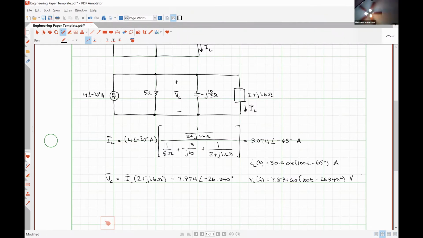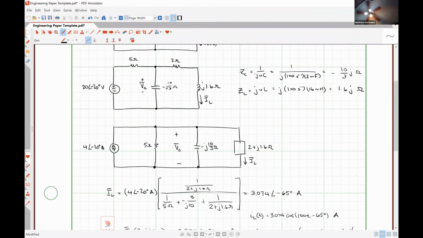volts. So I'm going to scroll back up here and look at this. That was, in my mind, a pretty efficient way to go through the problem. So I commend you for suggesting the source transformation, because that is not where my mind immediately went.